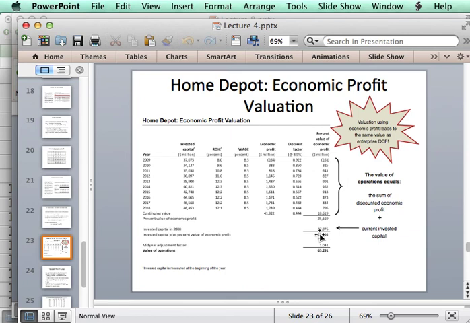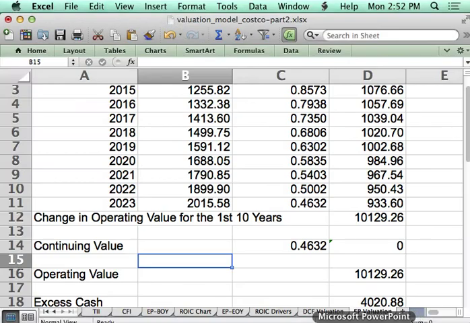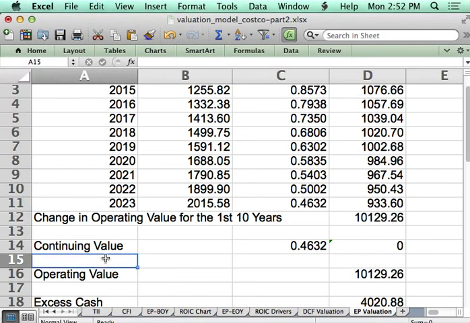So remember, economic profit, or EVA, is about the change in value. So I take whatever invested capital I start with, and then I forecast the change in value over time. So I have to add in my starting invested capital. So I'm going to go back here, and add in a line that says my starting invested capital.